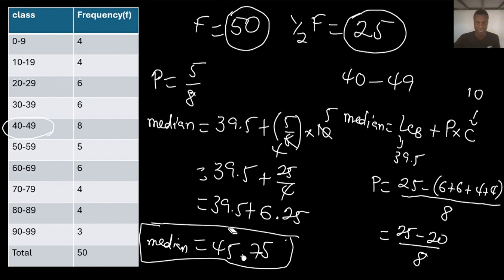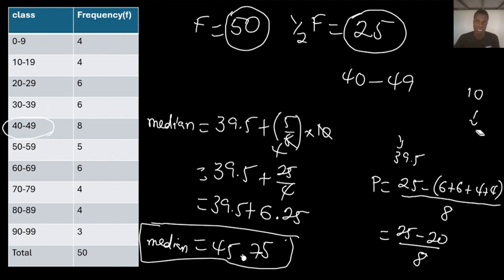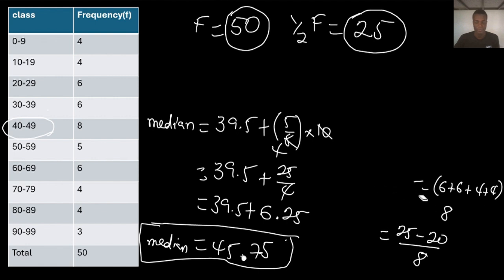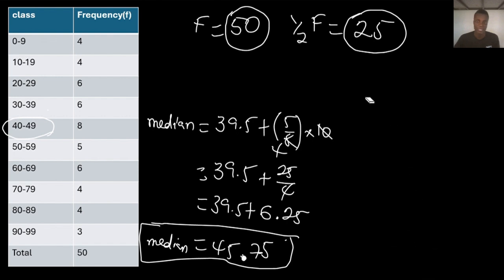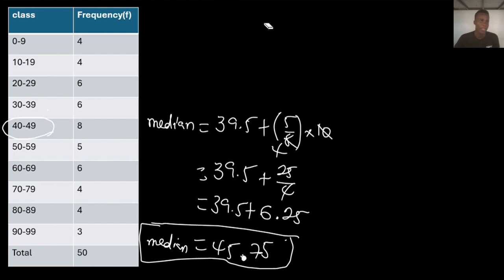So we have 45.75 for our case. Basically, I've been advising you since the beginning that if it is not mentioned, stop at 2 decimal places to be safe. Don't use first decimal place or even whole number unless it has been stated. But basically stop at 2 decimal places, right?